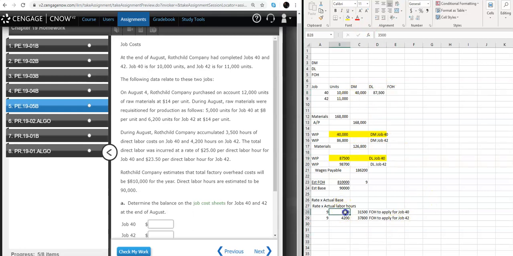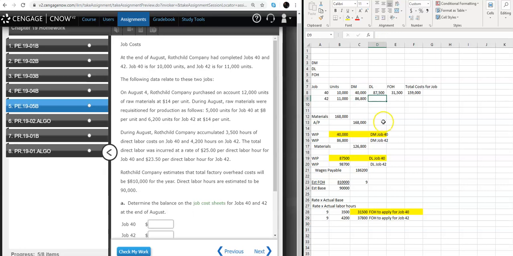My factory overhead for job 40 was 31,500 for a total of $159,000.